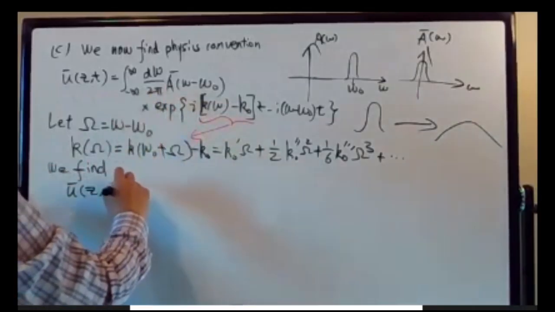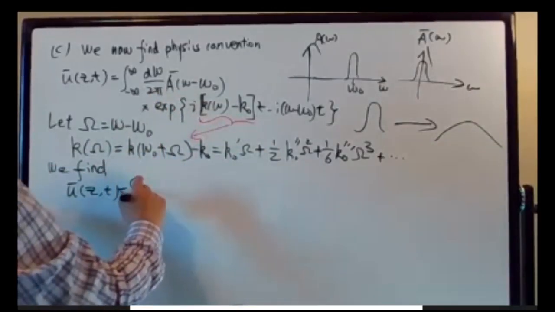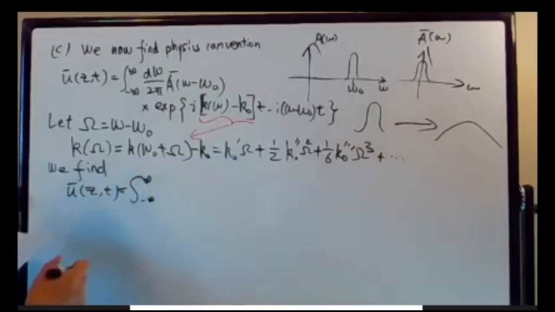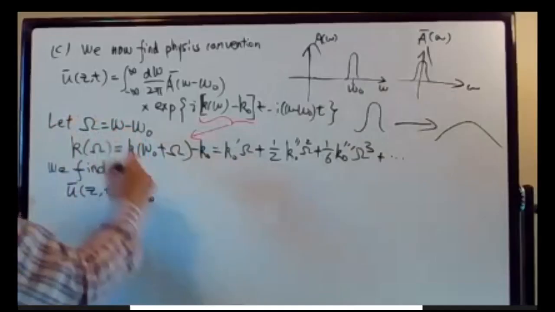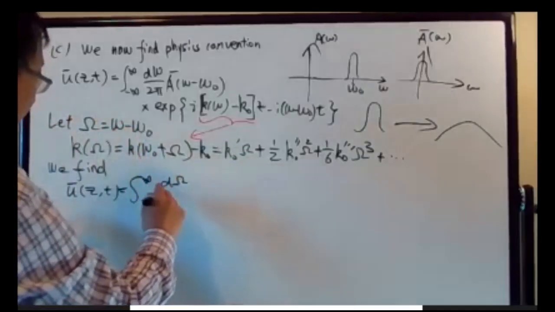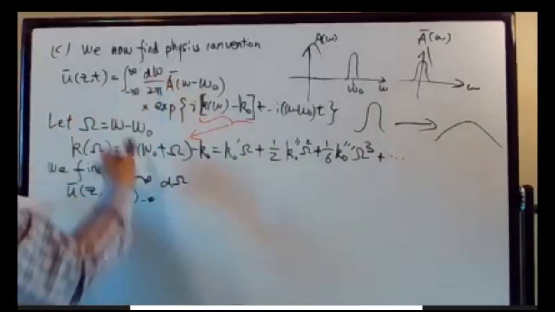It is the integral from negative infinity. We take a derivative, and because omega naught is a constant, d capital omega and d omega are the same.